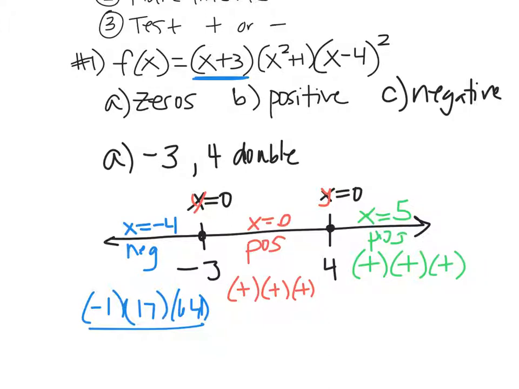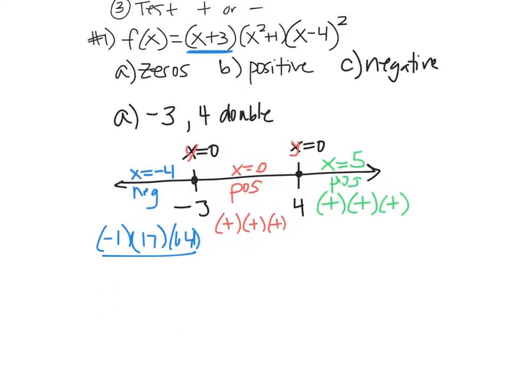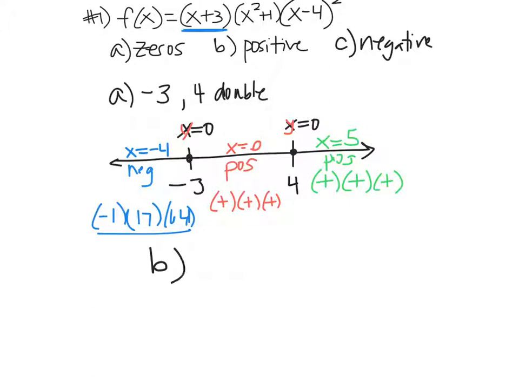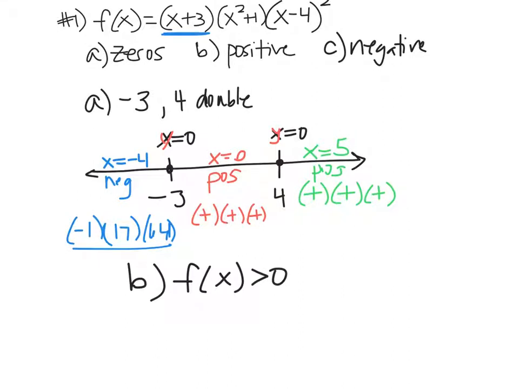Okay, so now we're ready to answer their question. So for part B, it says that we need to find out where this polynomial is positive. What they're asking is, where is f of x greater than 0? Okay? Now, 0 is not positive, and 0 is not negative, so you cannot include the zeros. Okay?